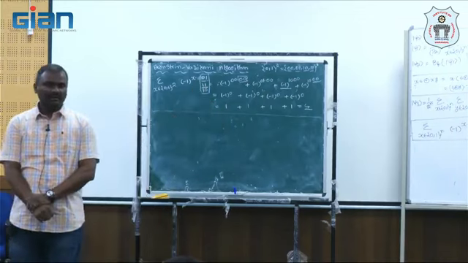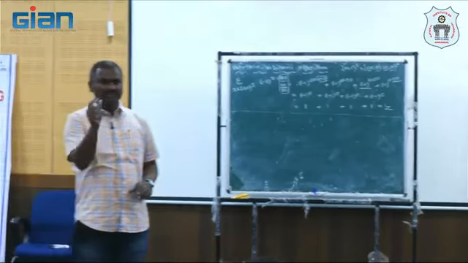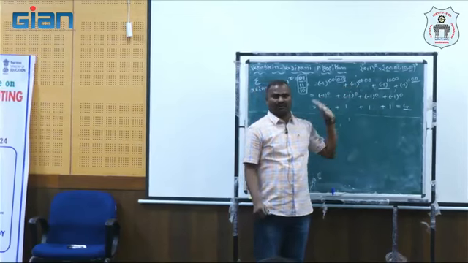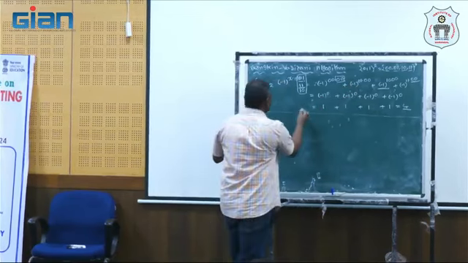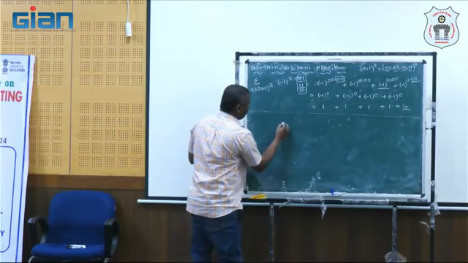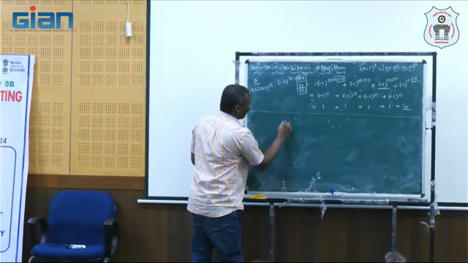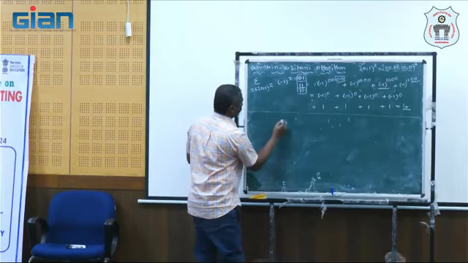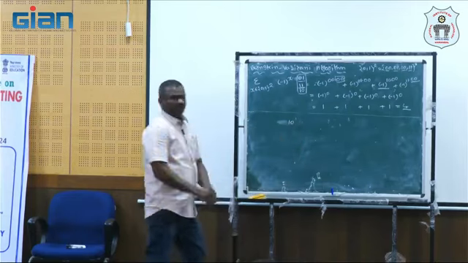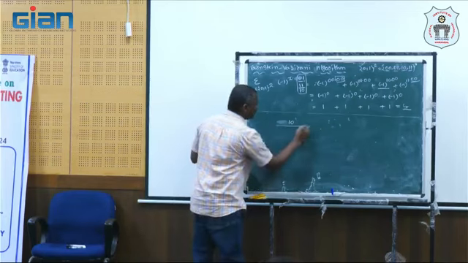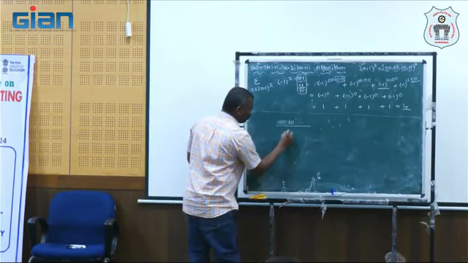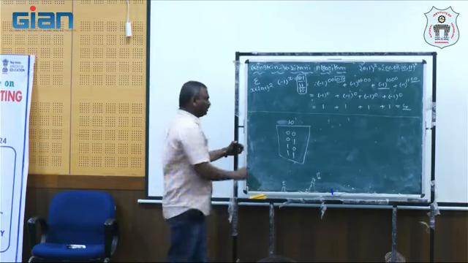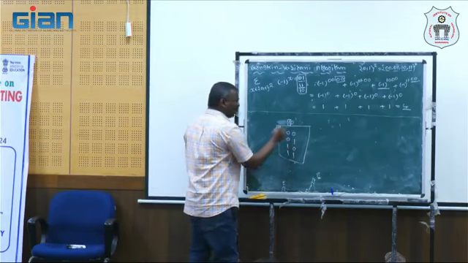Why? Because half of the terms we get 0 and half of the terms we get 1. For example, if I take 1 0, then we need to do this with 0 0, 0 1, 1 0, 1 1, all 4. Here, this bit is 1.